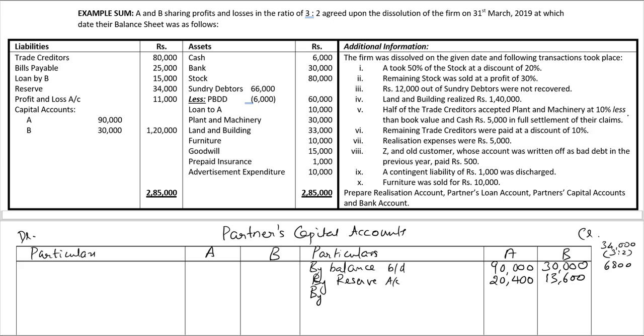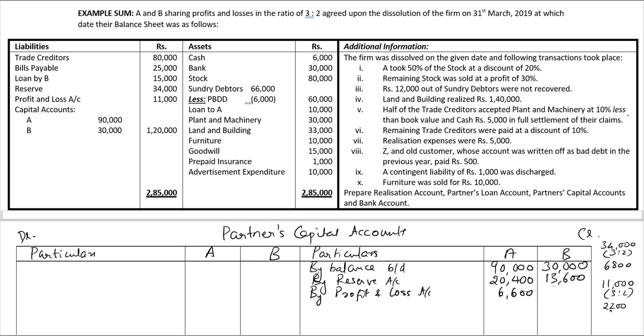We'll distribute the accumulated profits by profit and loss account. Profit amount 11,000 rupees to be divided in profit sharing ratio 3:2. On dividing by 5, we get 2,200 rupees. In the case of A, it's 2,200 multiplied by 3, which is 6,600 rupees.